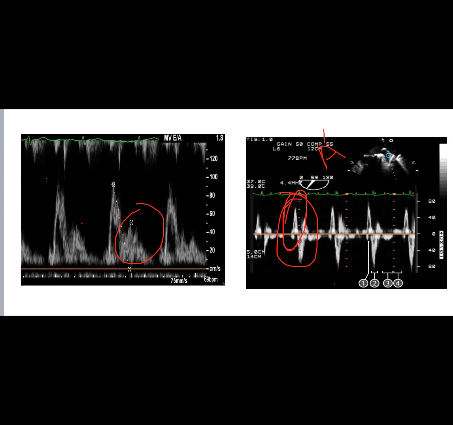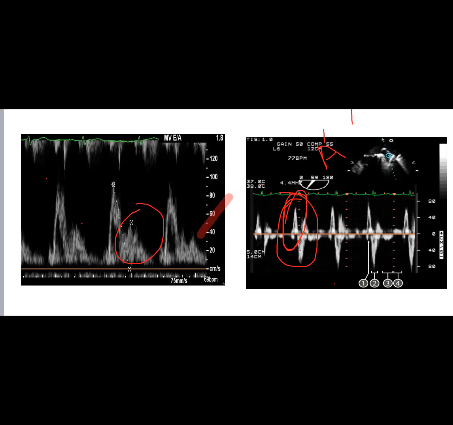Meaning the LA appendage is more dependent on atrial contraction than the mitral inflow. The mitral inflow is more dependent on the initial flow than on atrial contraction. The LA appendage is more dependent on atrial contraction than on the initial flow. You agree? What does that tell us?